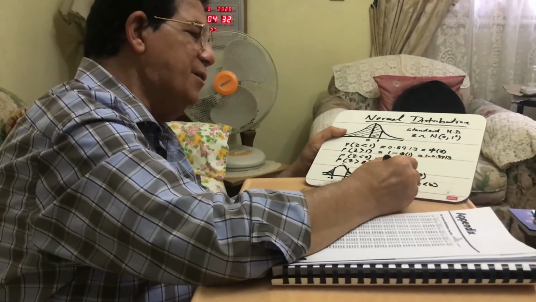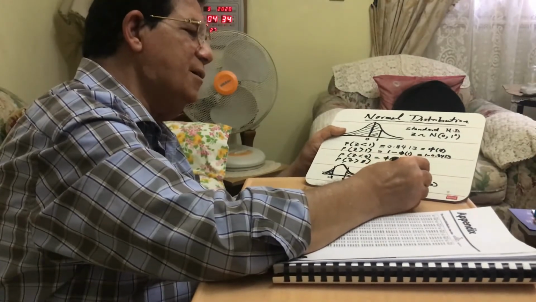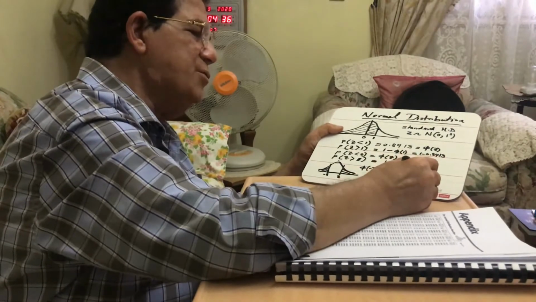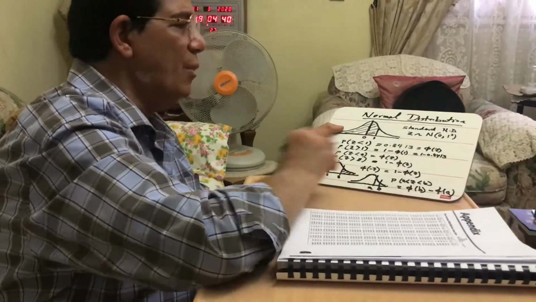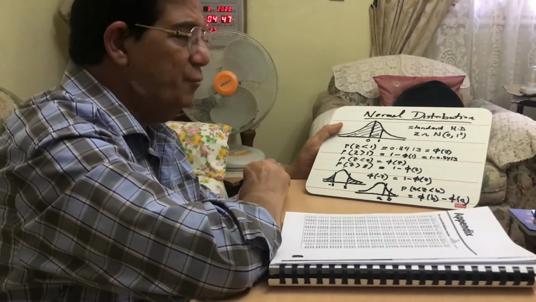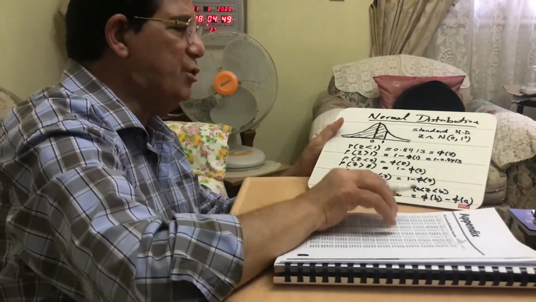We find phi B minus phi A. The student should have some practice on using this table.